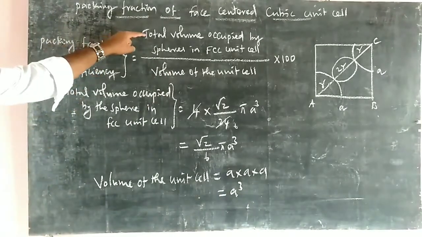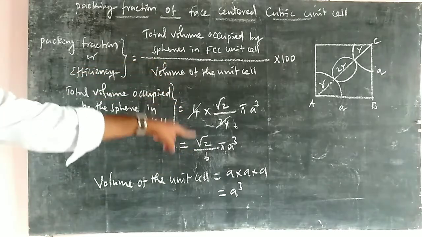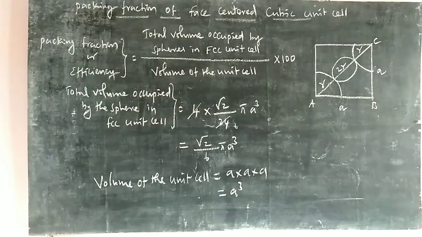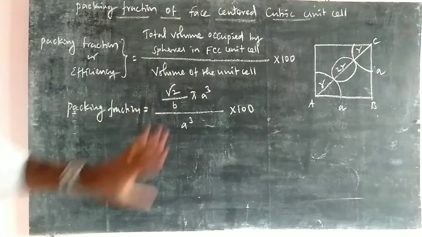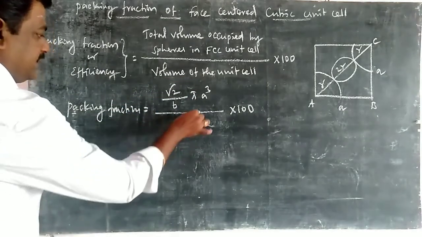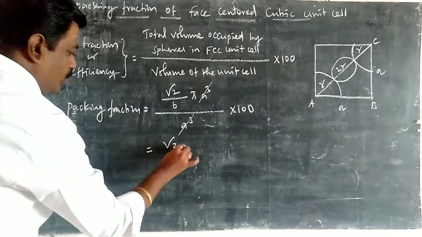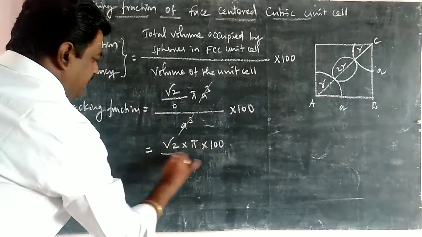So in the numerator the total volume is root 2 by 6 pi a cube. In the denominator, the volume of the unit cell is a cube. You substitute both values into the formula, into 100, and you will get the final value: root 2 by 6 pi a cube divided by a cube into 100. You simplify this, a cube will be cancelled. So you will get root 2 into pi into 100 divided by 6.